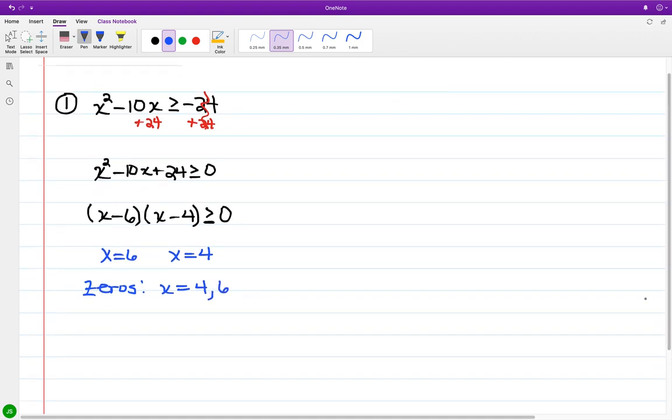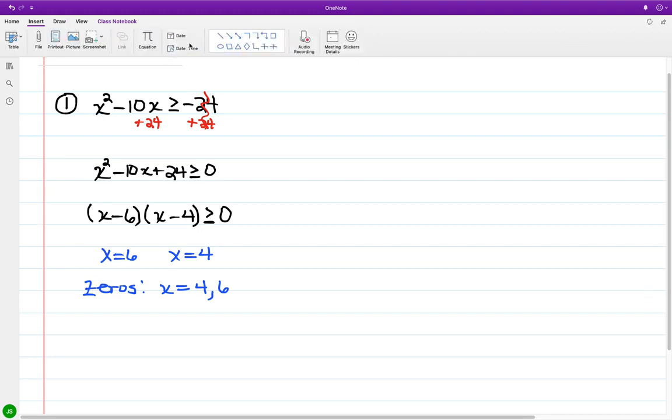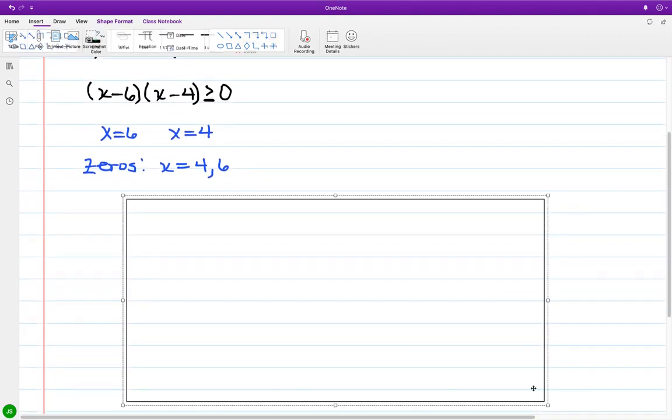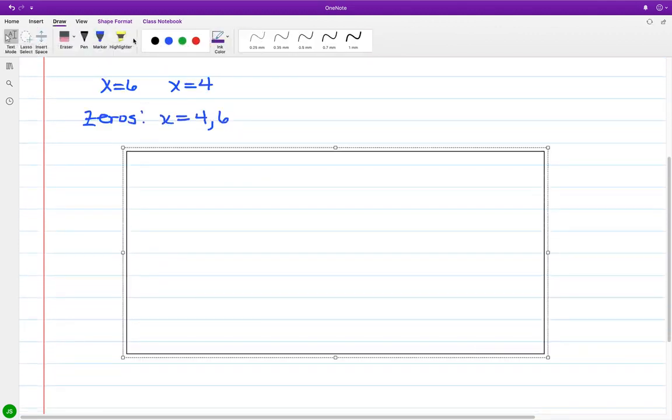Now, in terms of setting up, we establish a table, and just have some headings here.